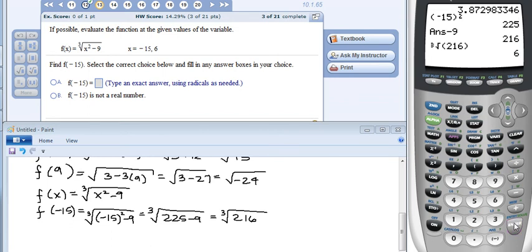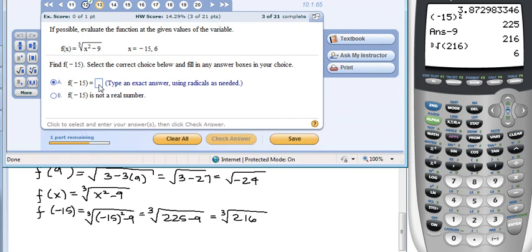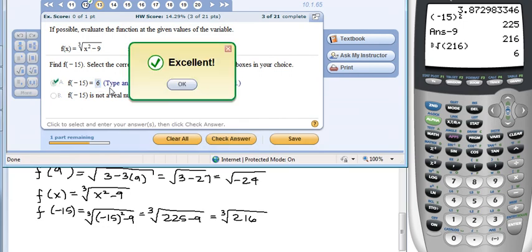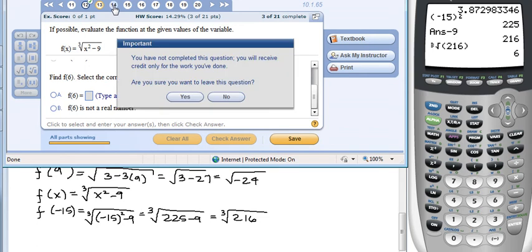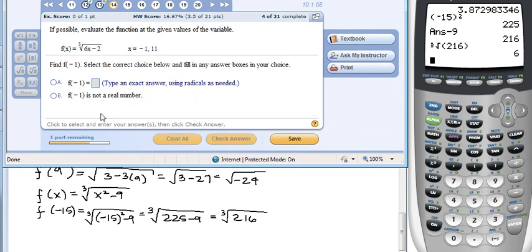It is. It's 6. So that's what I'm going to put in here. 6 is exact. Okay, 6 is a nice exact number. So I can put that in there. And then I'm going to do it again for 6. Okay? I can do all of these for you. All right, so again, same thing. You're going to evaluate.